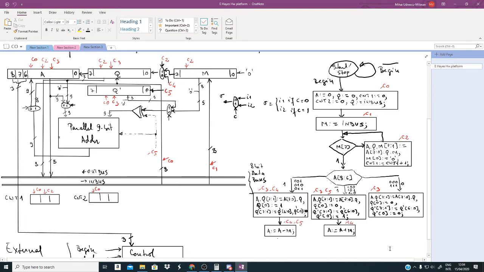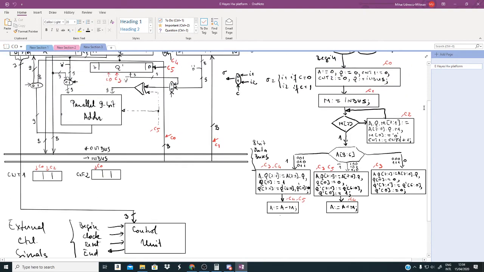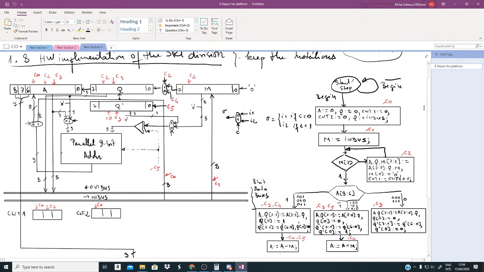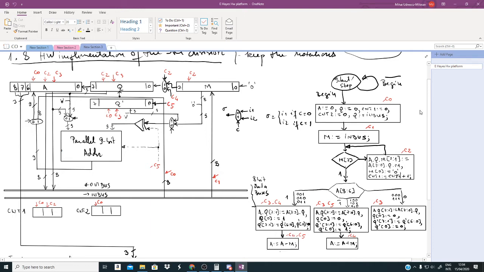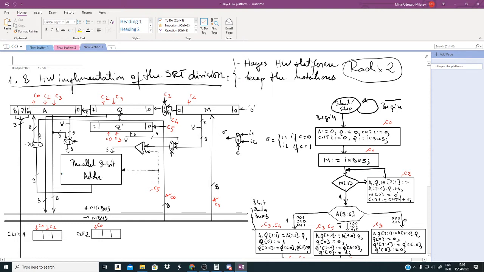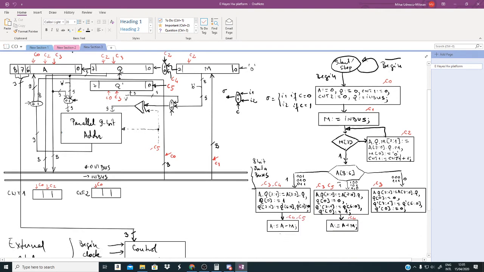Last week we ended up here, with a synthesis of this device for dividing numbers with the SRT division, radix 2 SRT division algorithm.